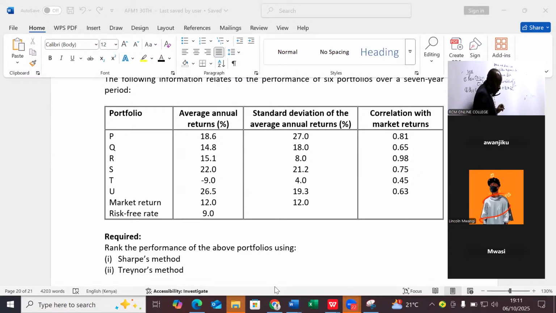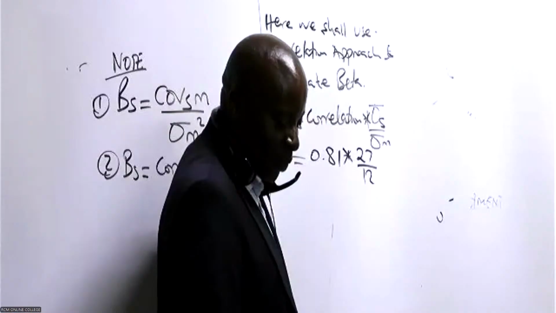You can see the market return, with an average return of 12, but beside it we also have the standard deviation of the market, which is 12. I can point it out for the online students. You can see it is here. Standard deviation of the market is 12. Have you seen it, all of you?